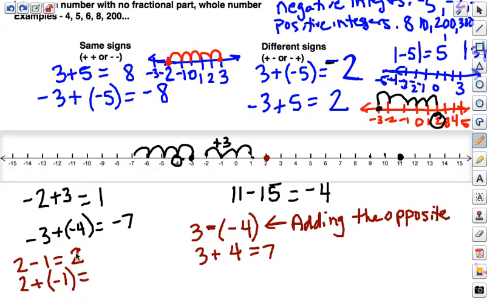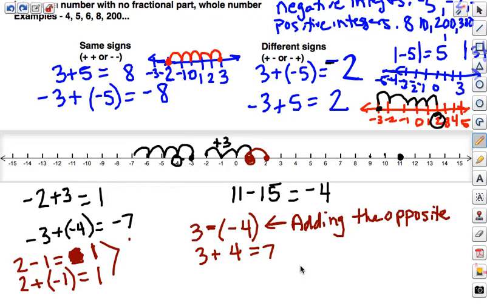This is not correct. This should have been 1. So it always helps to go back and check your work. Even sometimes with something so simple, we might put the wrong difference here. So 2 plus negative 1, so we're at 2, and we're adding a negative 1. That takes me to 1. So this adding the opposite concept works just as well even with a simple subtraction problem.